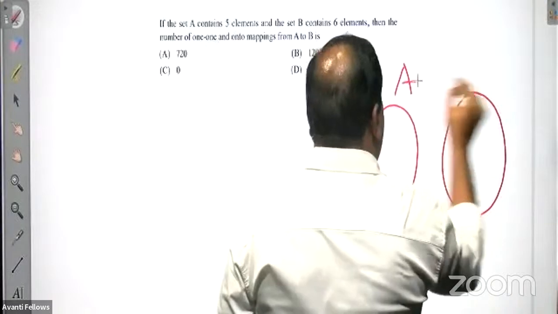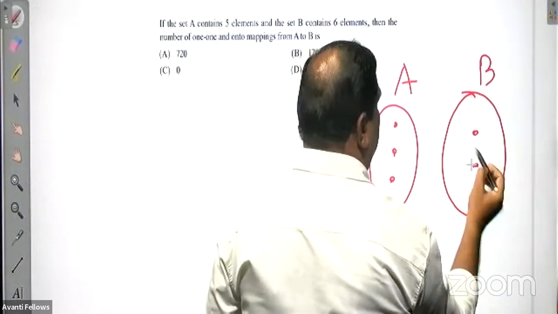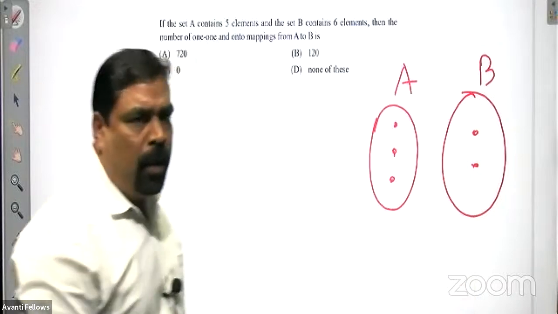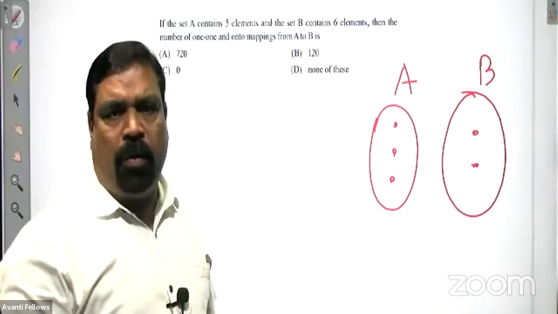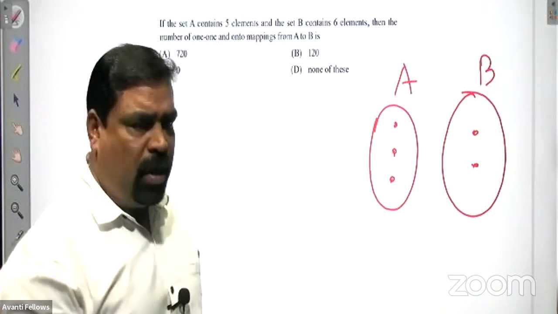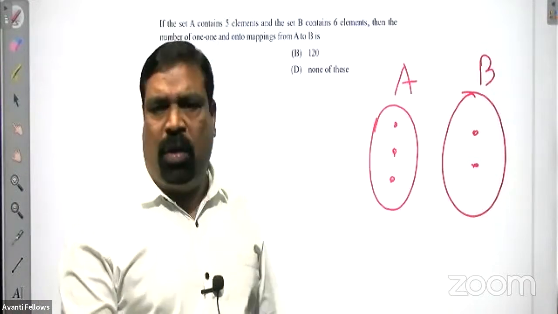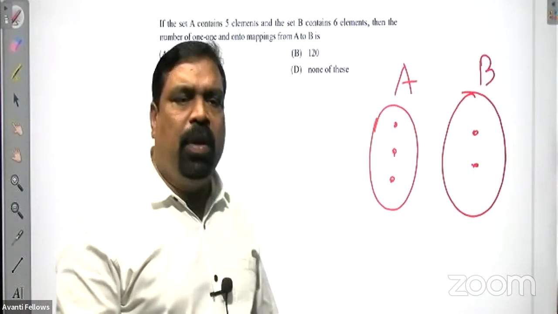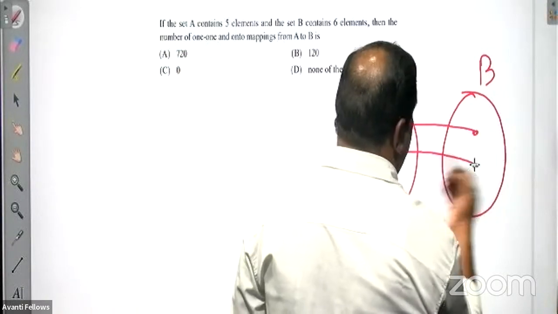Suppose we have two sets A and B, and set A contains 3 elements, and set B contains 2 elements. Can you make any 1-1 function from A to B? No. It is not possible actually. So the number of 1-1 and onto functions may be 0 only.